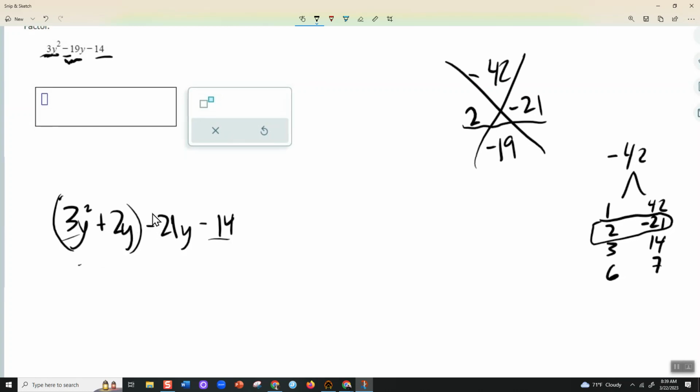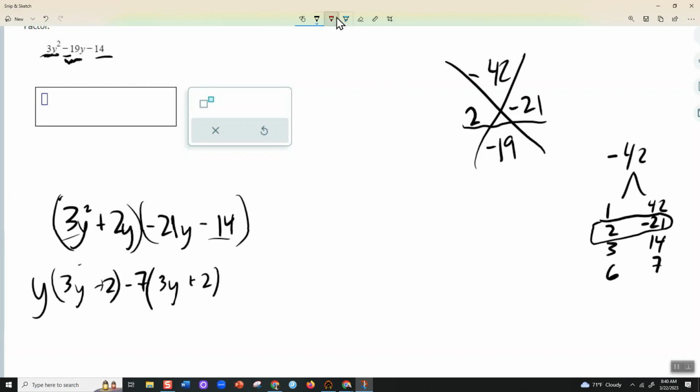Okay, and I take the first group, I'm going to factor it. The greatest common factor is y, and I end up with 3y plus 2. And then I'm going to factor out here a negative 7. They're both divisible by 7. And negative divided by negative gives me 3y plus 2. Now I know I'm on the right track because I got the common binomial 3y plus 2.